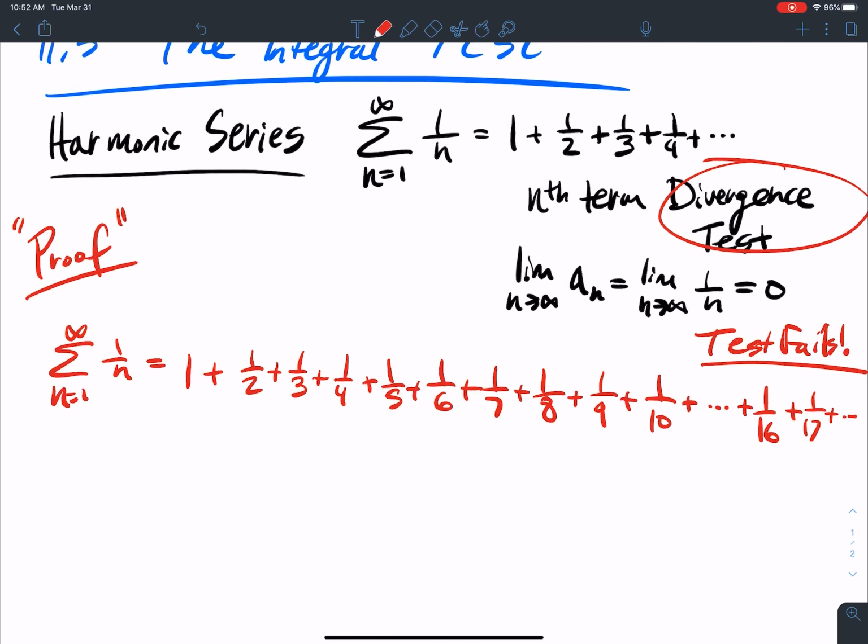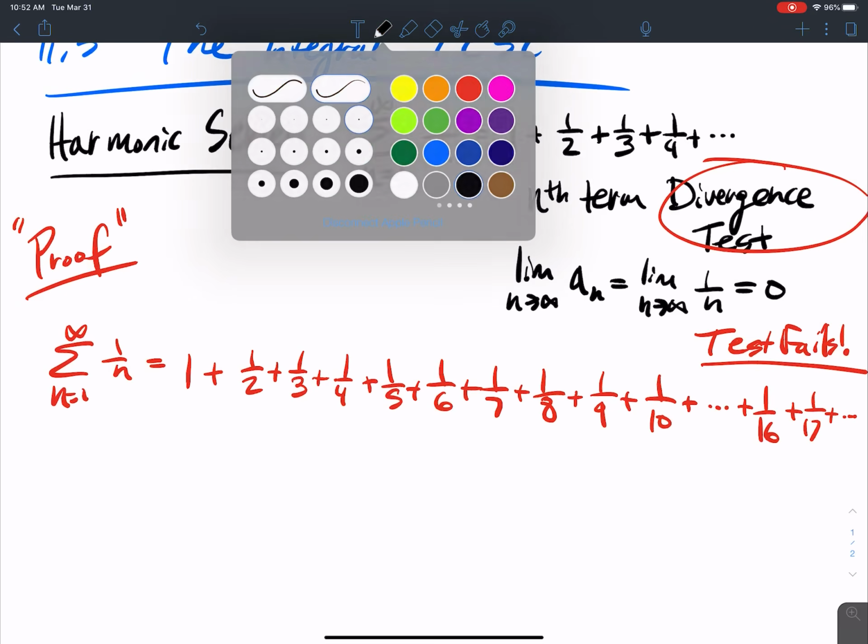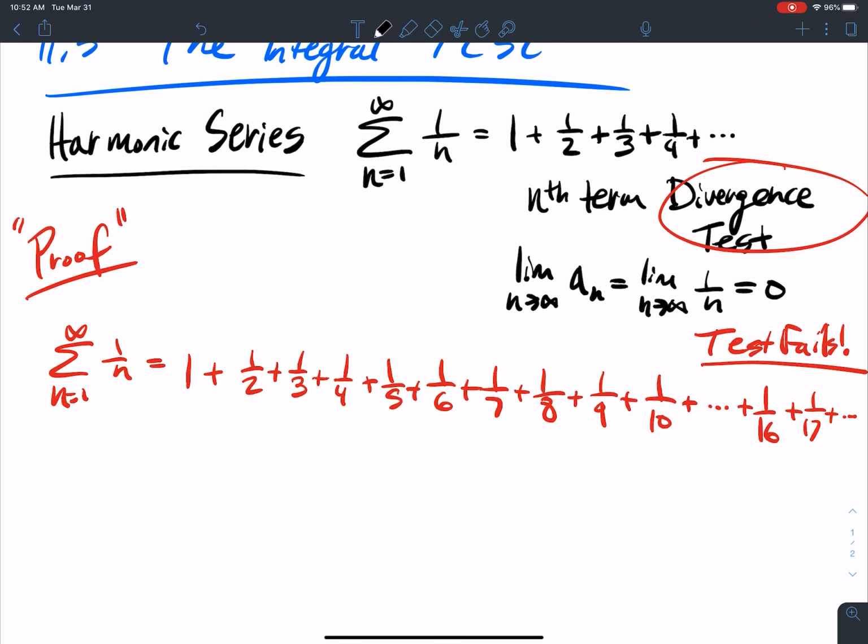Now, there was a reason for all this madness here, okay? This sum is greater than or equal to, well, I'm going to put 1 here to match that 1 there. I'm going to put 1 half here to match that there. But now I'm going to do something interesting.